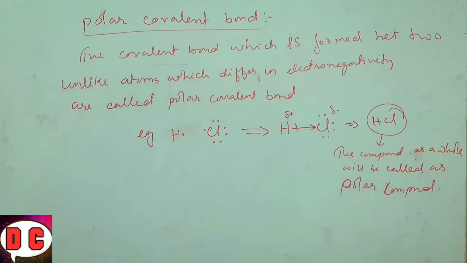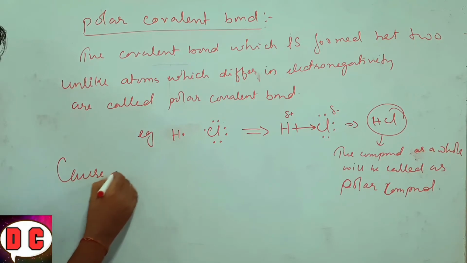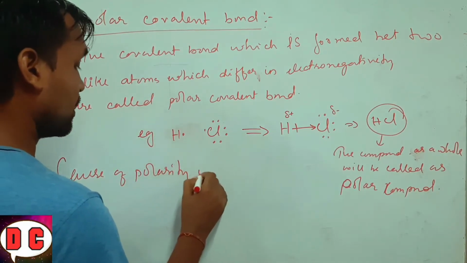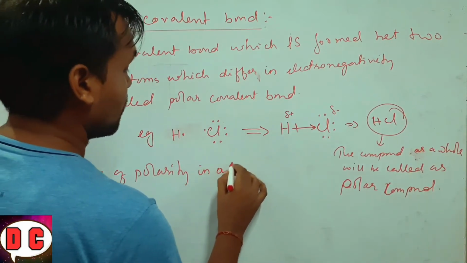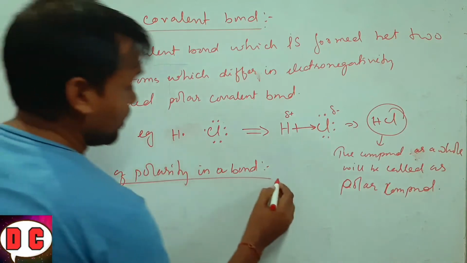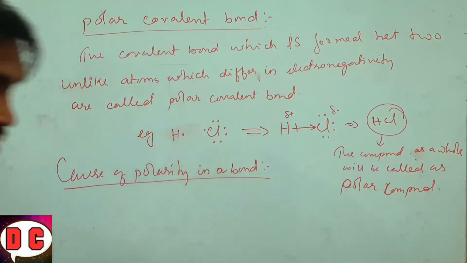Now we are going to discuss the cause of polarity in a bond. What is the cause of polarity in a bond? Why does polarity take place in a bond?